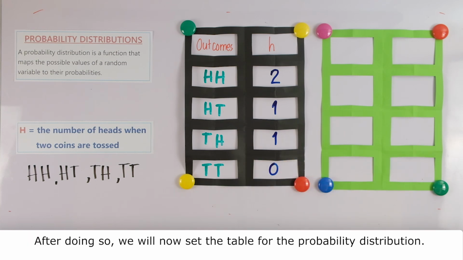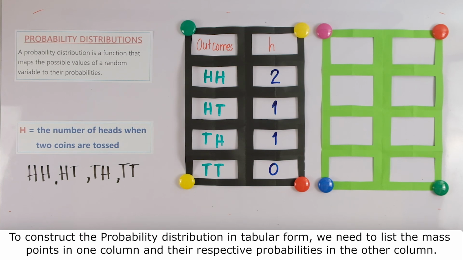After doing so, we will now set the table for the probability distribution. To construct the probability distribution in tabular form, we need to list the mass points in one column and their respective probabilities in the other column.